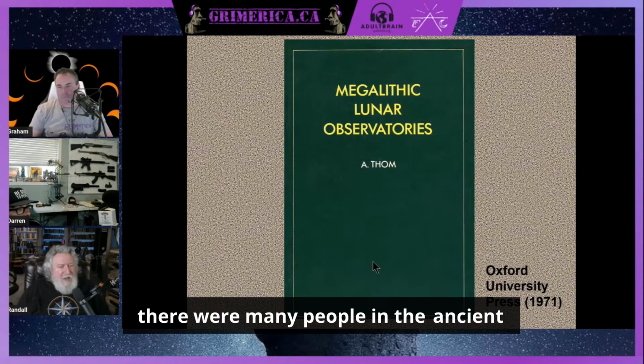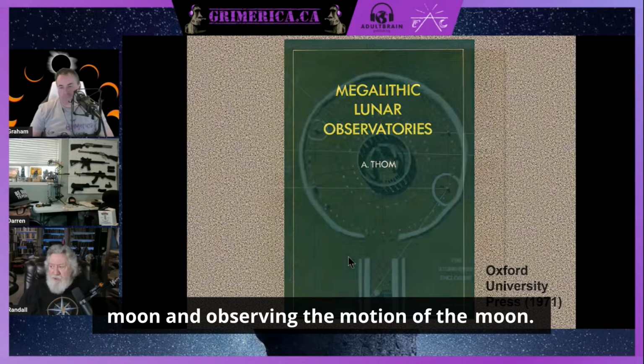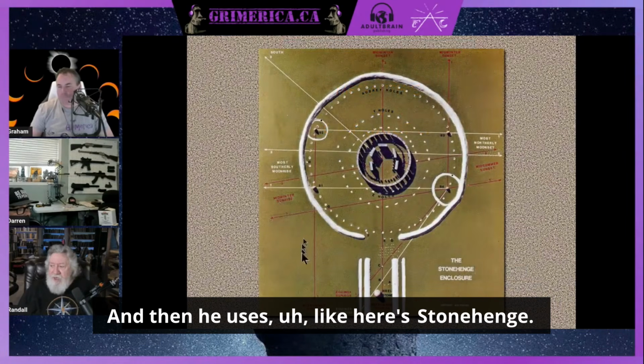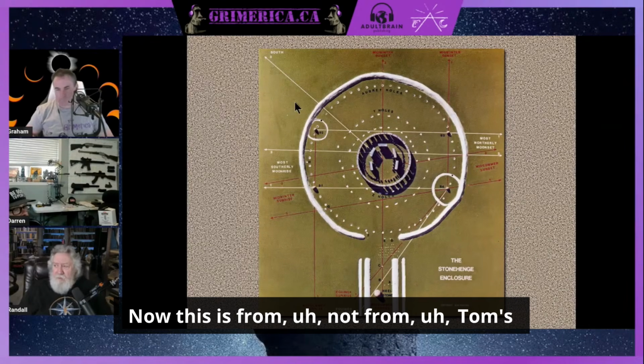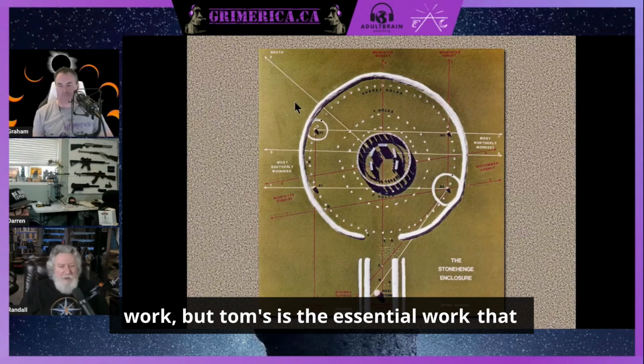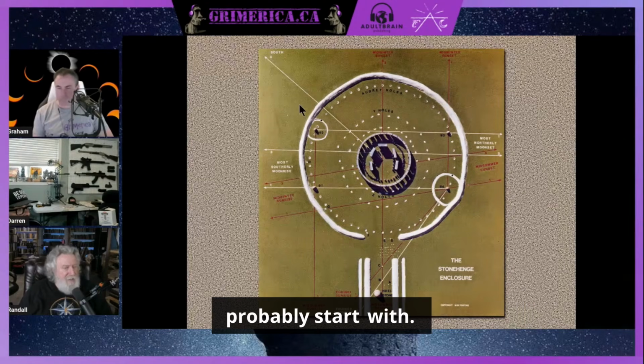that there were many people in the ancient world who were obsessively watching the moon and observing its motion. And then here's Stonehenge. This is not from Thom's work, but Thom's is the essential work that anyone wanting to dive into this should probably start with.